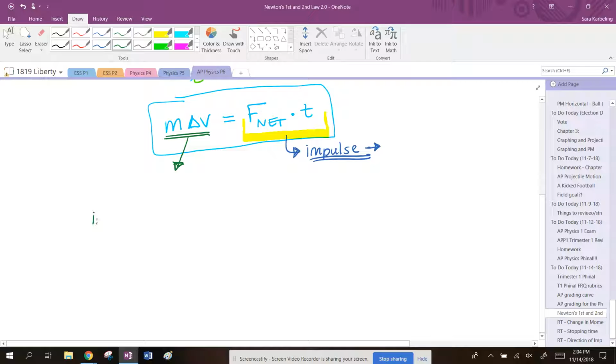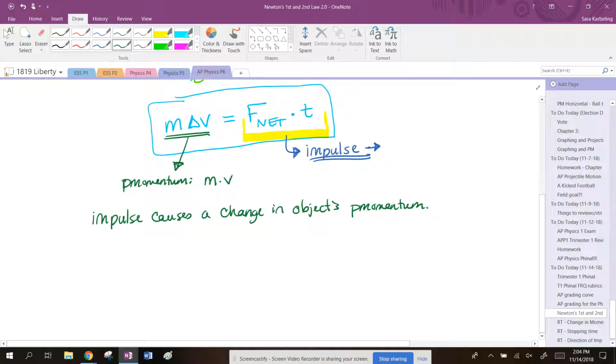An impulse causes a change in an object's momentum. Okay? Momentum is an object's mass times velocity.